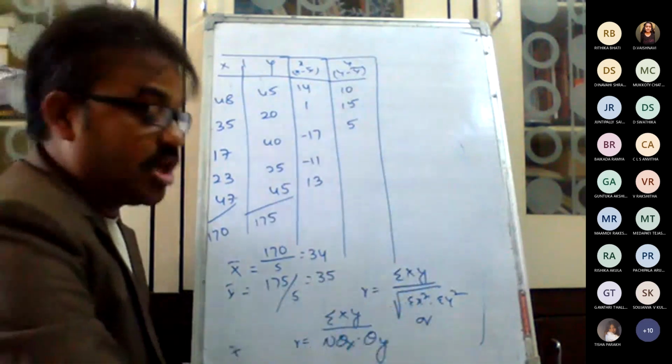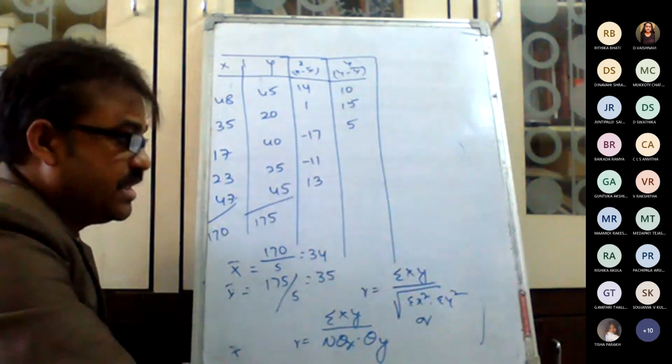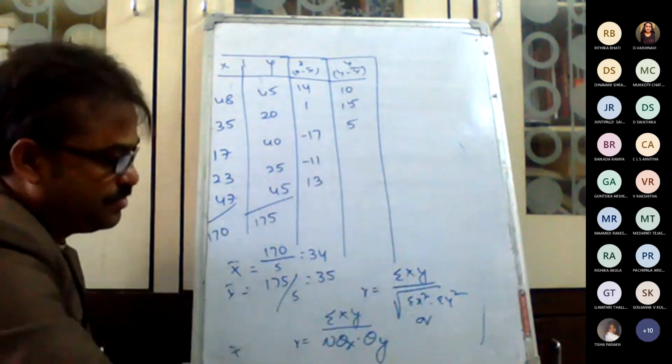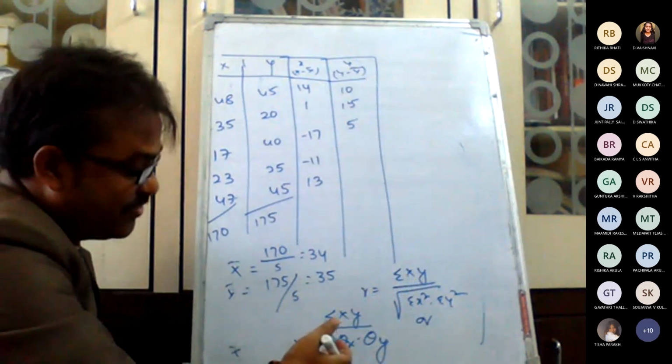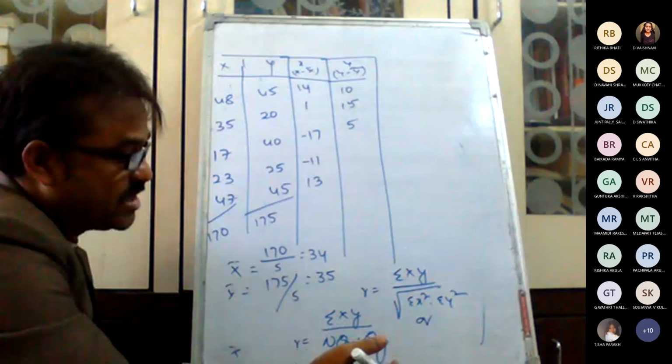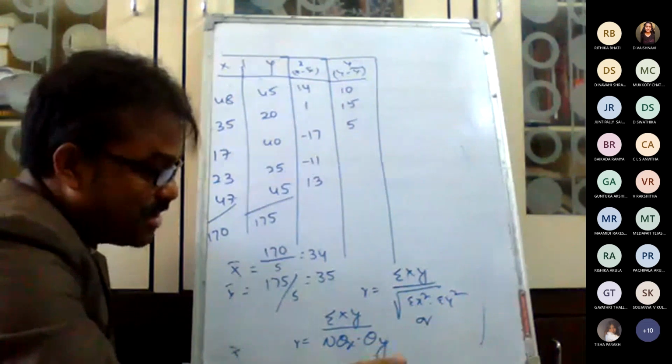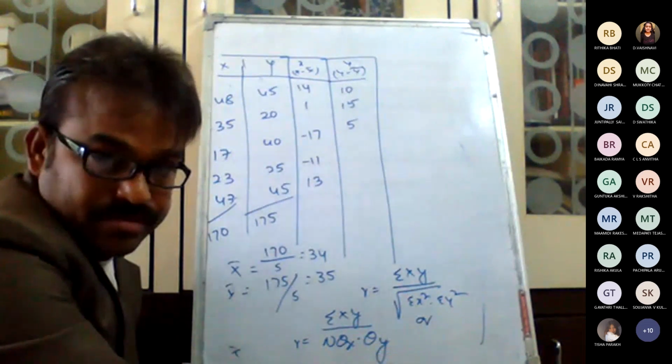So the step deviation method is also here. If you apply this, it is the same. N into standard deviation of x is equal to root of sigma x square divided by n. Correct?